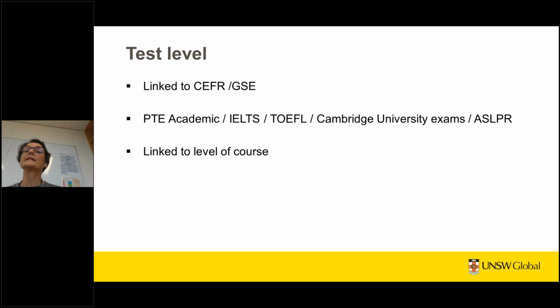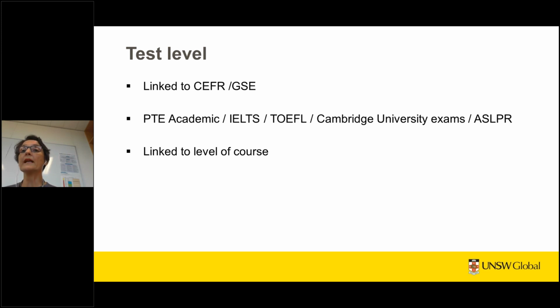So the first one is test level, and all tests need to be linked to a level. They can be linked to the CEFR, and they often are, or the Global Scale of English, which is the Pearson scale. They can be linked to the PT academic test.